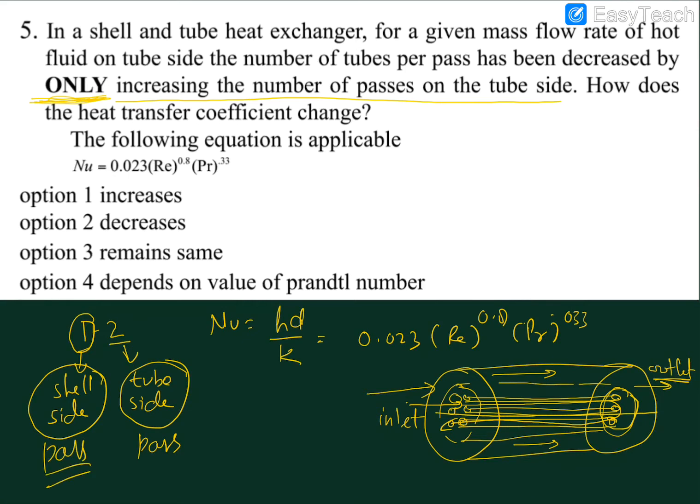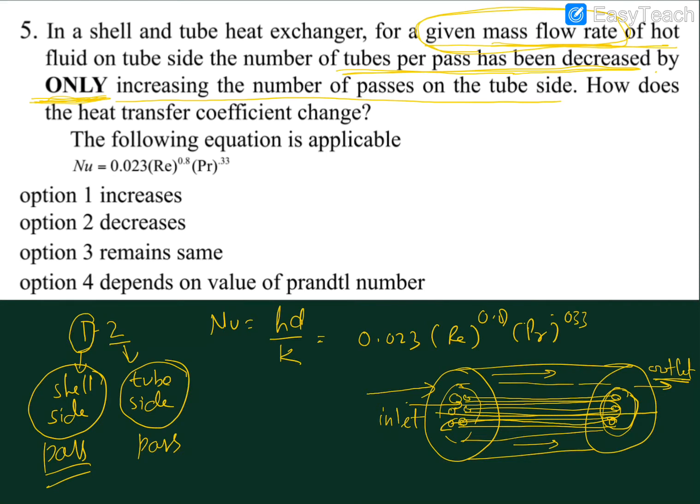Now we can increase the number of tubes in one pass or decrease the number of tubes. Here it is saying that the number of tubes per pass has been decreased, keeping the mass flow rate constant. The mass flow rate is given and it is constant, and the number of tubes per pass has been decreased.